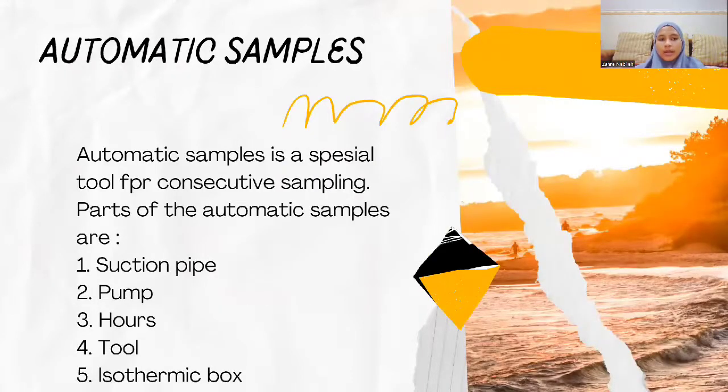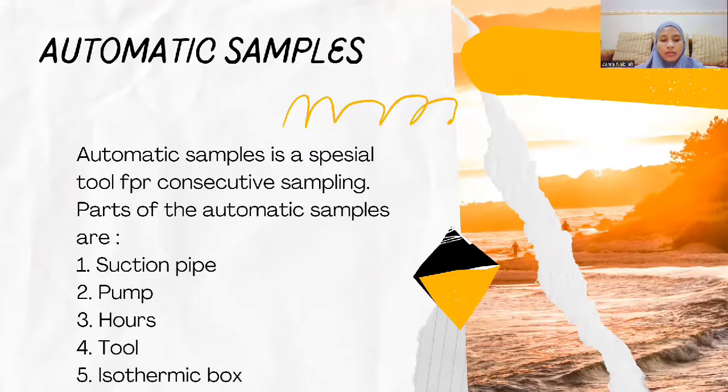Automatic samples. Automatic samples is a special tool for consecutive sampling. Parts of the automatic sample are, number 1, suction pipe. The depth of the sampling point is limited to about 5 meters below the tool. Number 2, pump. Number 3, hours. Hours is to control the sampling frequency.